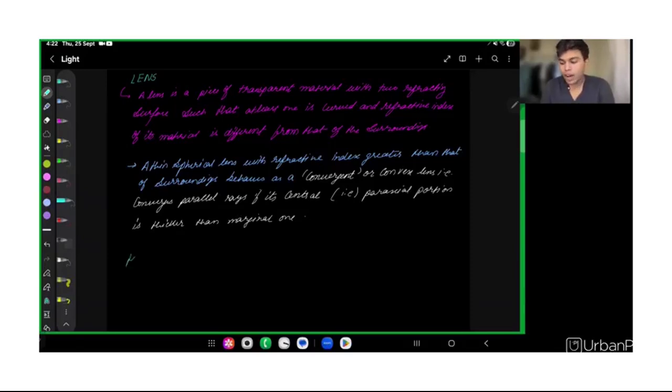Before that, however, if the central portion, what was the central portion? It was paraxial.